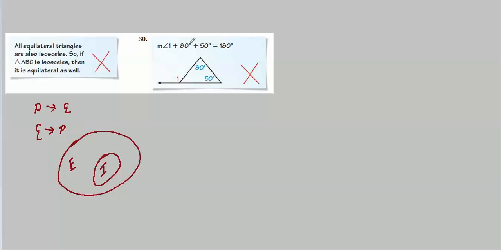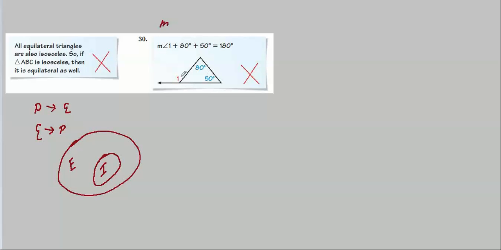Now what about this over here? What did he do wrong? Oh well, he got really confused here. It's the interior angles that add up to 180. However, he was thinking maybe of something else, which is the measure of angle 1 equals the measure of these two. Remember that?